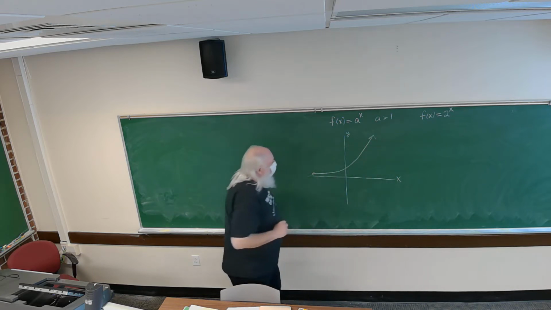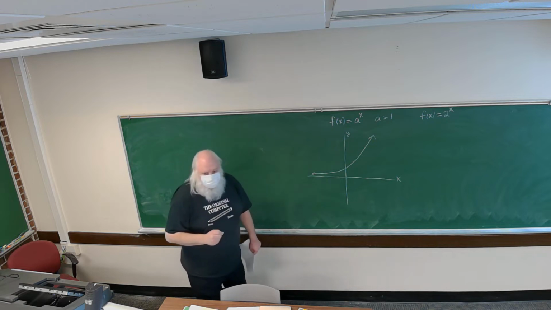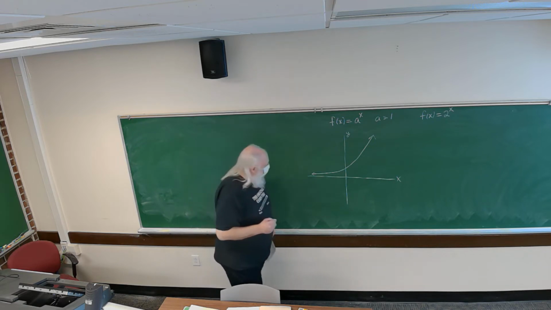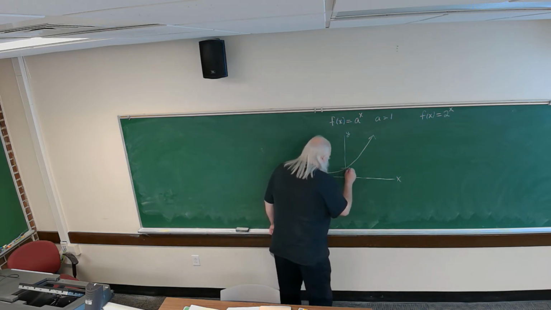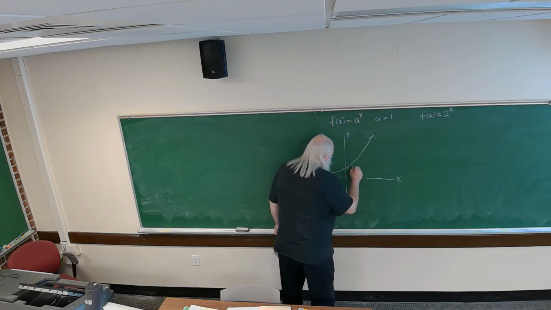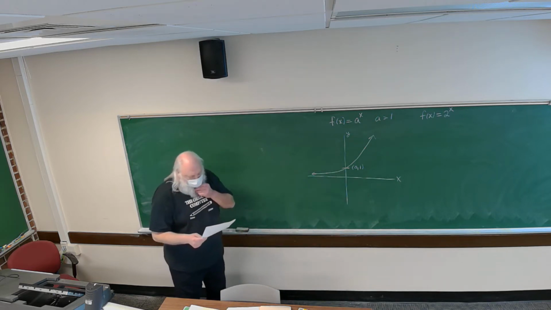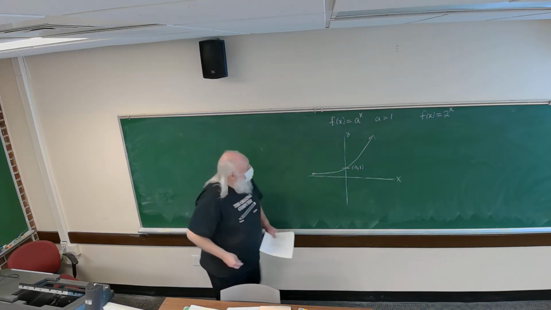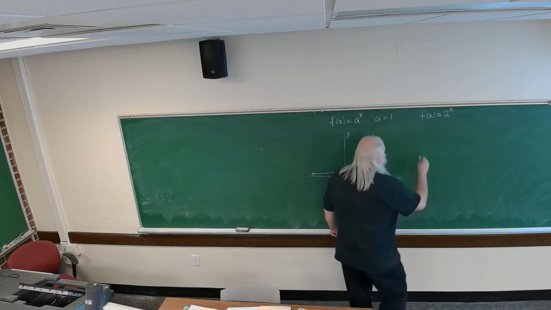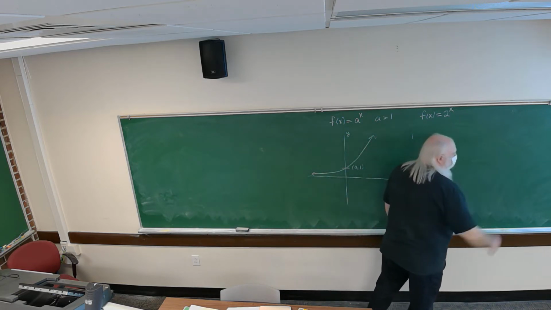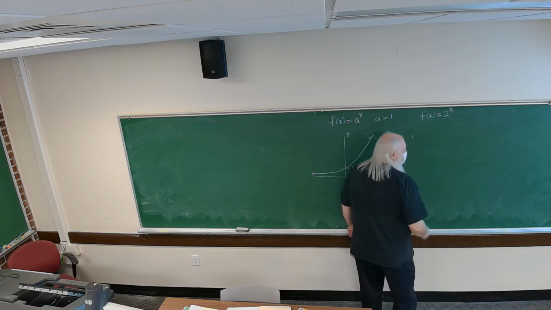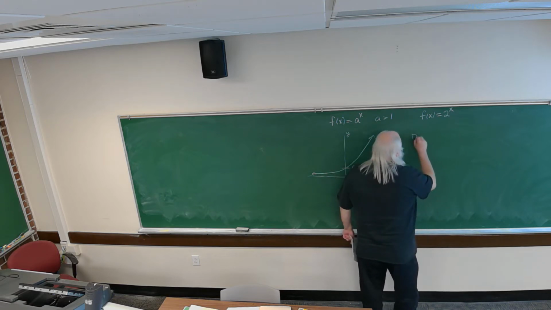For each value of a greater than 1, right, where the base is a positive number greater than 1, it's going to cross the y-axis at y equals 1. Okay, so (0, 1) is the y-intercept. Okay. The domain, so down at the bottom, right, you got to write out the domain, range, the intercept, and the horizontal asymptote.